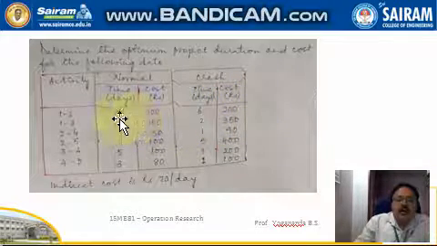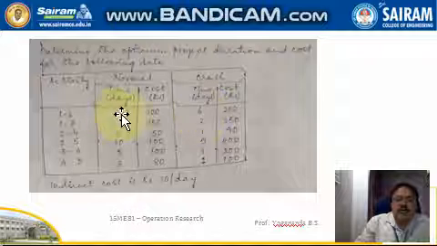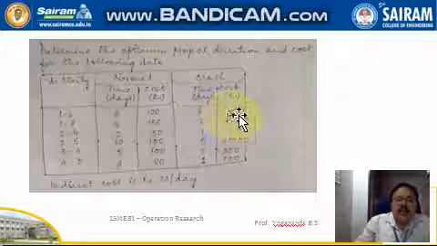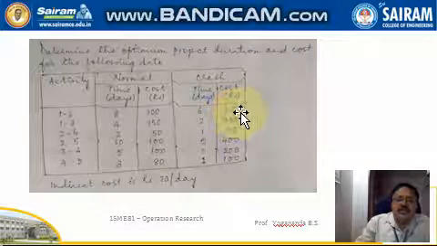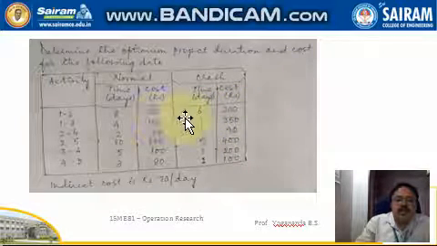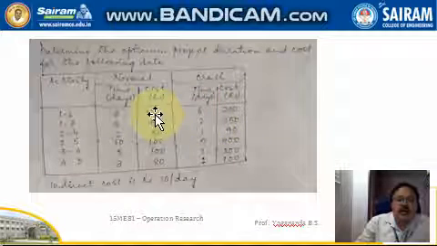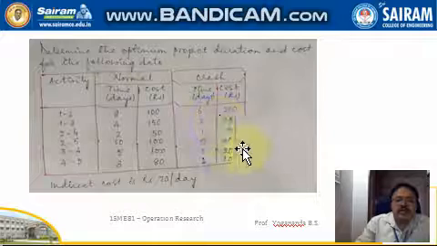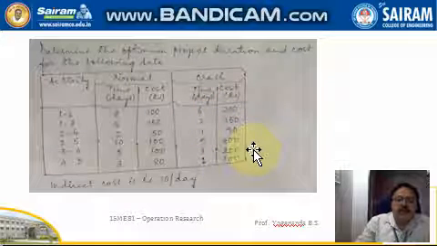So I will reduce the duration of this activity by 8 minus 6, that is 2 days, and the increase in the cost is 200 minus 100. So the difference in the cost is 100, and the difference in the time is 8 minus 6, that is 2. So 100 divided by 2 is 50 rupees.